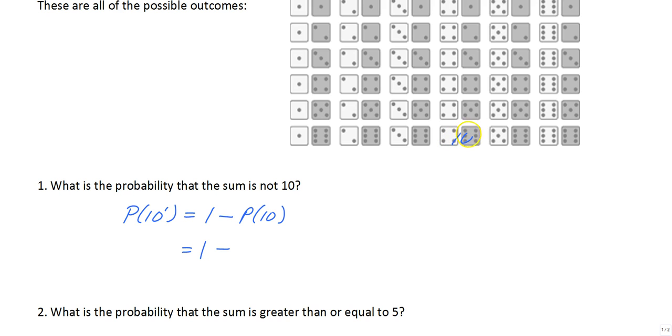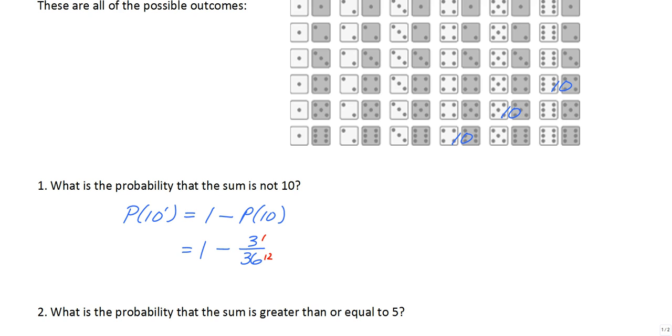Well, there are only 1, 2, 3 ways to roll a 10. So the probability of 10 is 3 out of 36, which we know is 1/12.